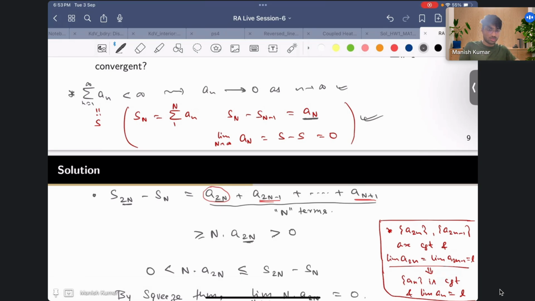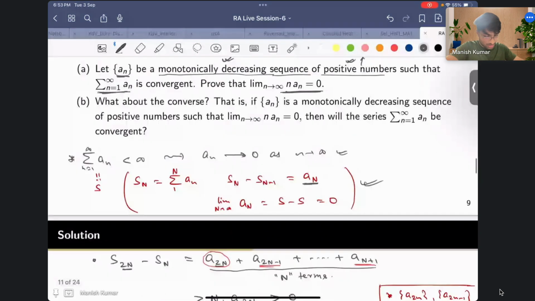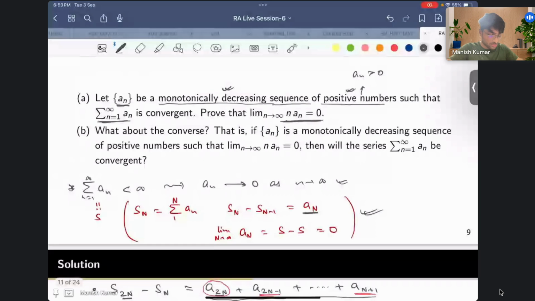Okay, so now let's look at the converse part. The converse says that suppose you have this monotonically decreasing sequence such that limit n times a n goes to 0. Now the question is, will the series summation a n be convergent? What do you think?